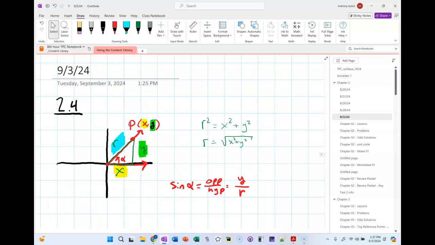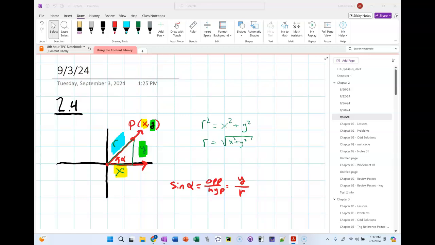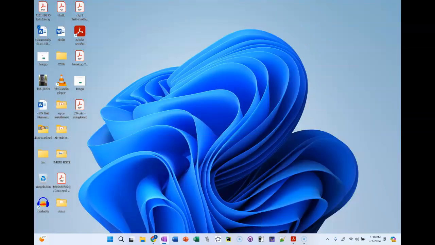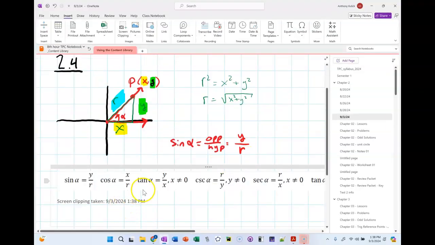We can do that for the other five trig functions, and all of a sudden we have a new set of definitions for sine, cosine, tangent.